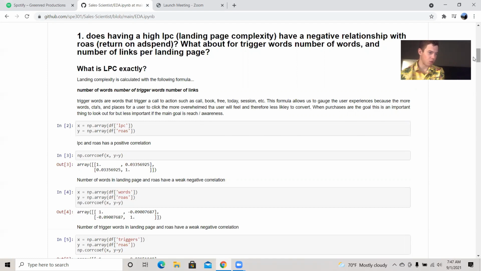Anyway, I've looked at the correlation between the details on the landing page and the return on ad spend, because the idea is the more complex your landing page is, the more overwhelmed the user feels, the less likely they are to take any action, leading to a leak in your ad spend.